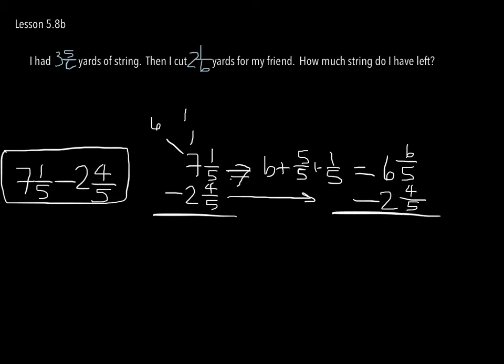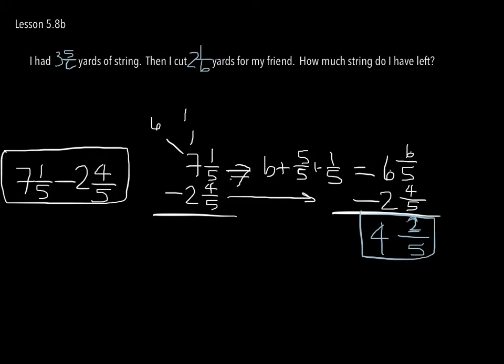Now, boys and girls, look at my numerator on the top number, 6, numerator on the bottom number, 4. Now I can subtract. I subtract the numerator from the numerator. 6 minus 4 is going to give me 2. And I keep my denominator the same, which is 5. And now I'm going to take 6 less 2, and I'm going to get 4. So the response that I should get is 4 and 2/5.